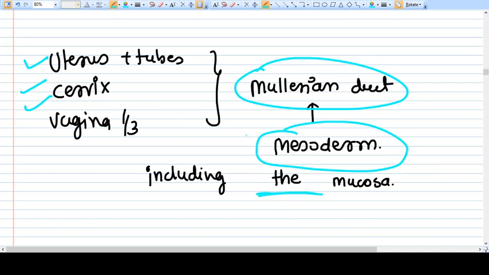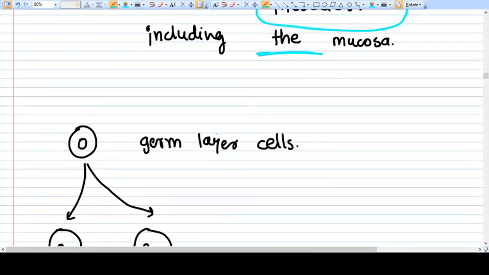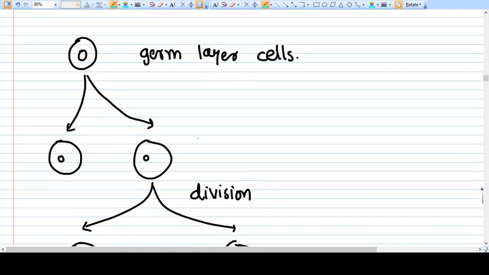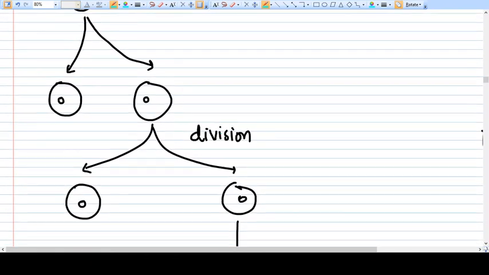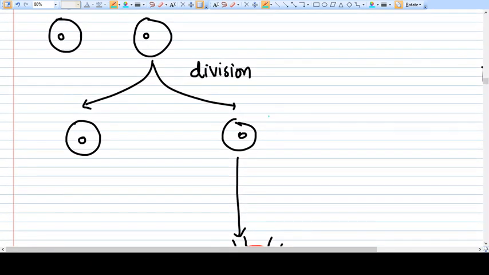Most of the time, inner lining will be produced by endoderm, but as far as gynecology is concerned, our mucosas are produced by mesoderm.